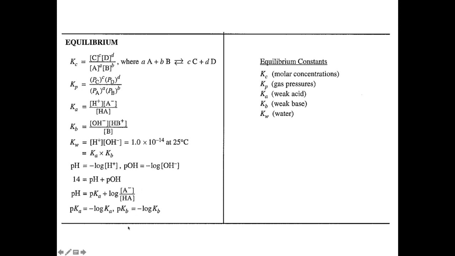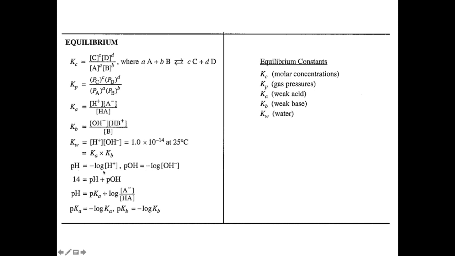So here are the items associated with the given sheet for the test. You can see all the items associated with K that they give you, though they may have a separate acid-base one. I'll have to look at the new one, but everything on here is still going to be the same. It gives you Ka, what you do to set that up, Kb, Kw, and the water constant.